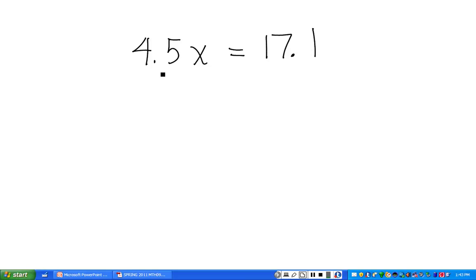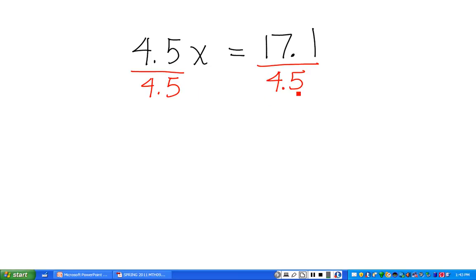So we always do the inverse operation of what we have, and the inverse of multiplication is division. So let's divide both sides by this coefficient here. Do it on one side, you have to do it on the other side as well.